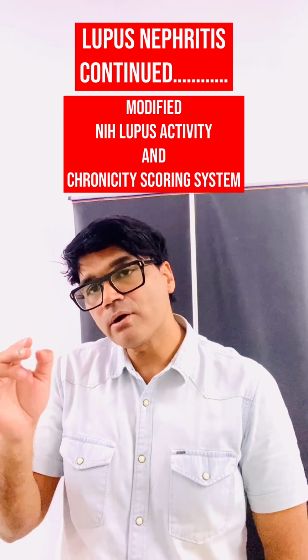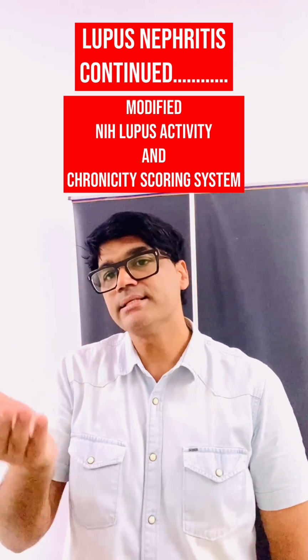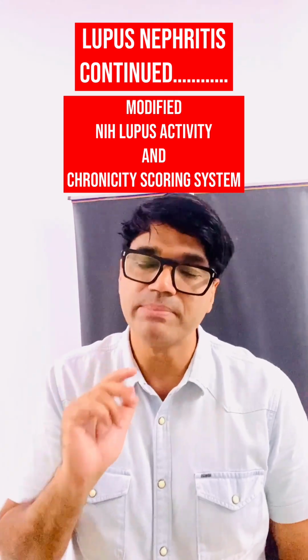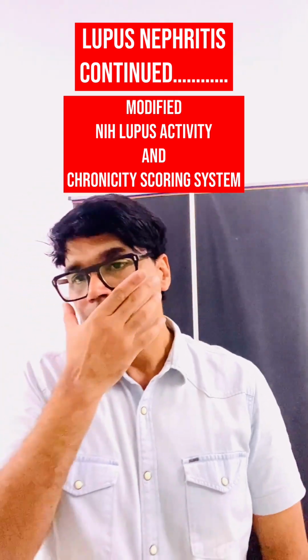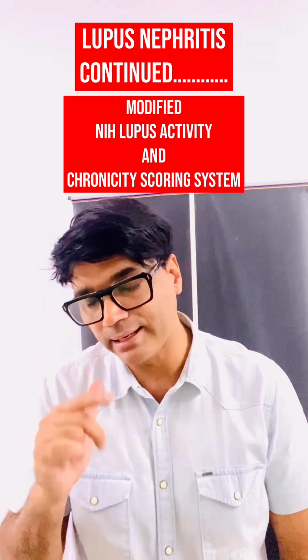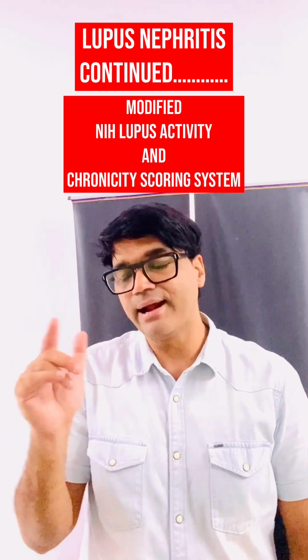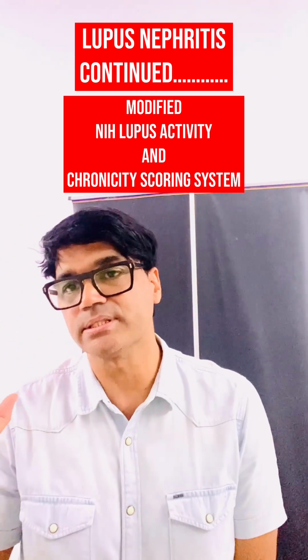If there is cellular or fibrocellular crescent, the score will be 0 to 3 times 2. If there is interstitial inflammation, the score will be 0 to 3. So this is the activity index of the National Institute of Health lupus activity and chronicity scoring system.